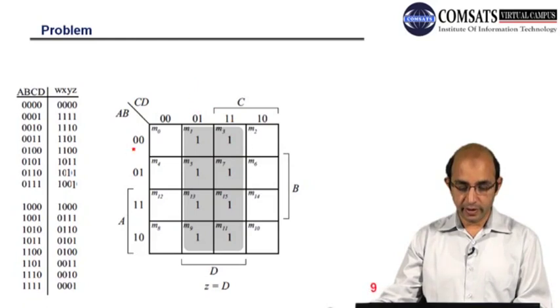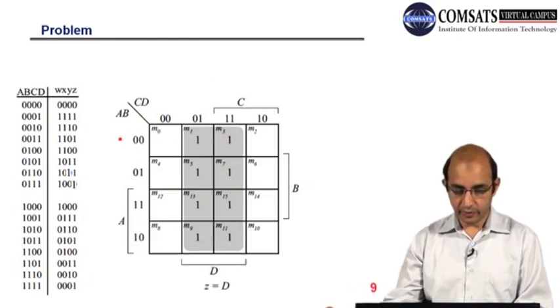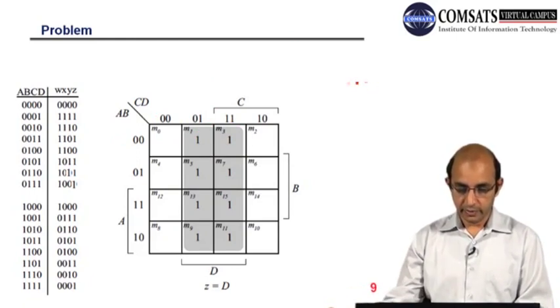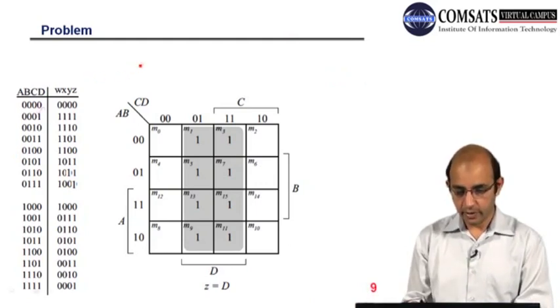So if I have to calculate this, let me solve this. So here we have, let me start here, A bar B bar plus A bar B plus AB plus AB bar, right.